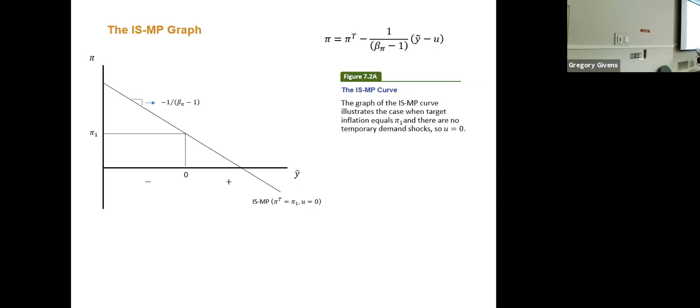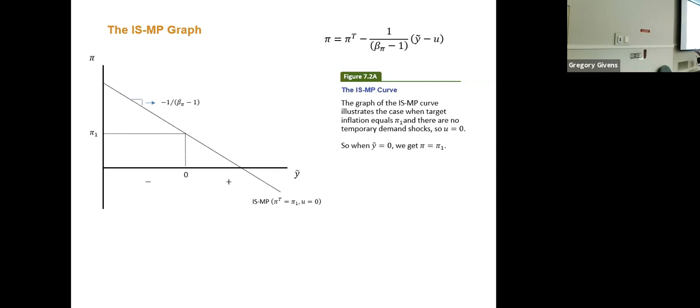Okay, so as an example, what if I tell you that the output gap is 0 and there are no demand shocks happening? And I also tell you that the target rate of inflation that the Fed has is pi 1. Then we can look at the ISMP curve and see that actual inflation should be equal to target inflation, pi 1, minus this 1 over beta pi minus 1 term times the output gap, which is 0, minus the demand shock, which is 0.